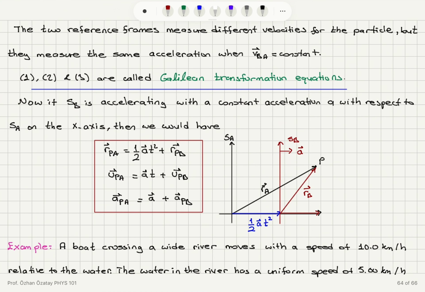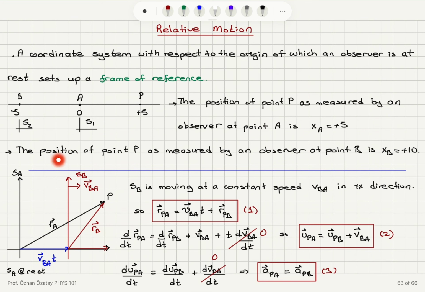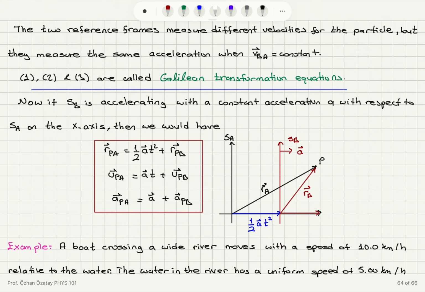Okay, so this was a simple exercise for this case where I have a reference frame moving with constant velocity with respect to another reference frame, and these two reference frames are not reporting the position, but they're reporting the velocity of a particle that is moving with respect to both reference frames.